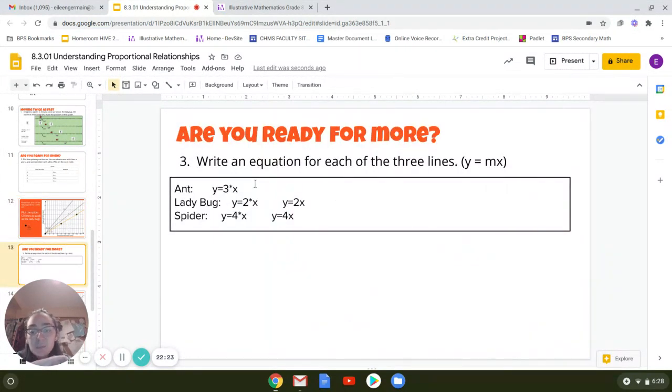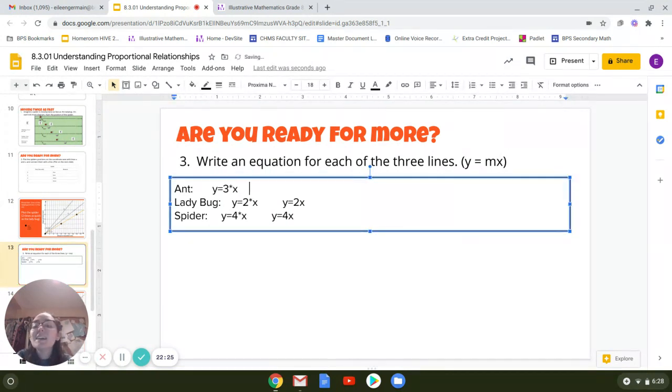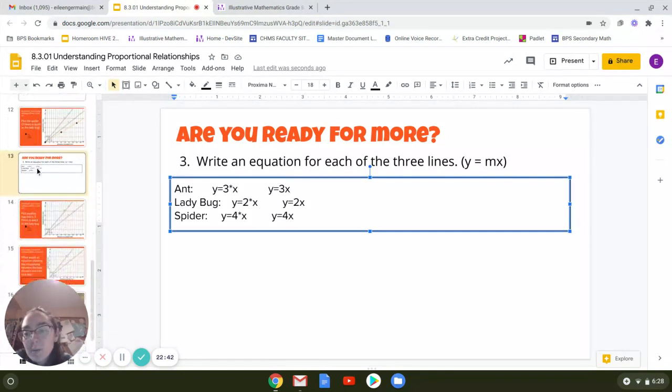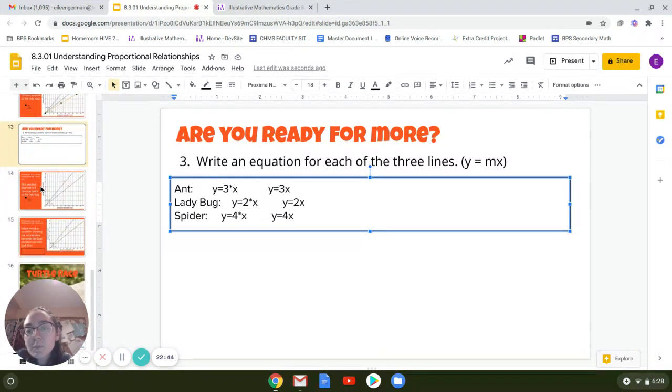So remember, we could write it as y is equal to 3 times x, or we could also write it as y is equal to just 3x. Okay? We're going to be doing a lot more work with these moving forward, so don't feel stressed if this was a little bit challenging. But awesome job. So let's take a look at these last few pieces here.